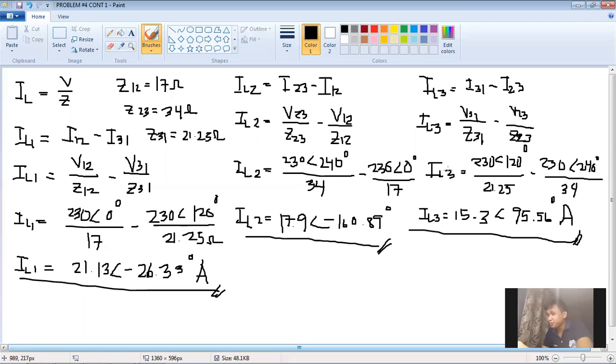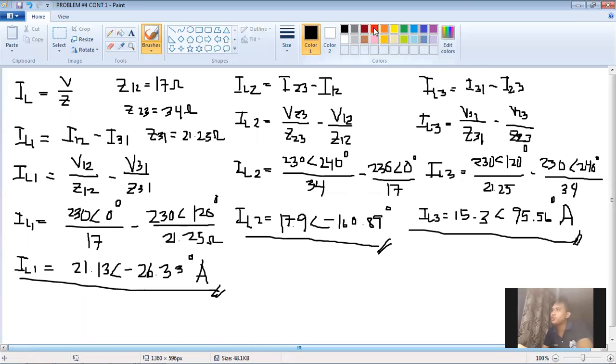Then the current for L3 will be 230 volts, same as the voltage, angle of 120 degrees, all over Z31, we have 21.25 ohms, minus 230, angle of 240 degrees, all over 34. So upon calculation, current L3 is equal to 15.3 angle of 95.56 degrees amperes.